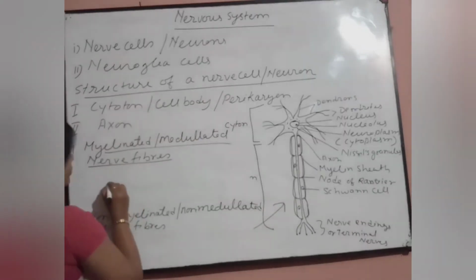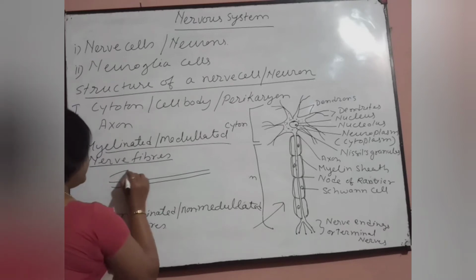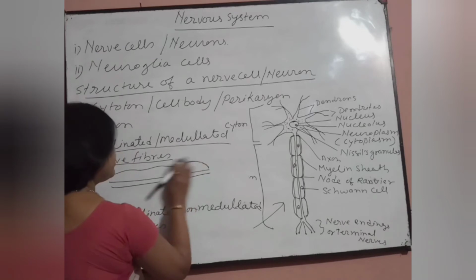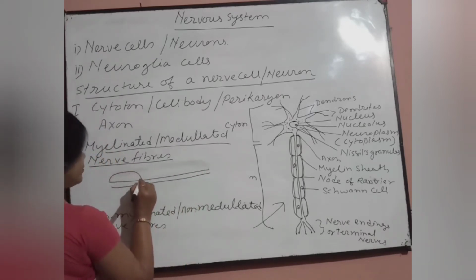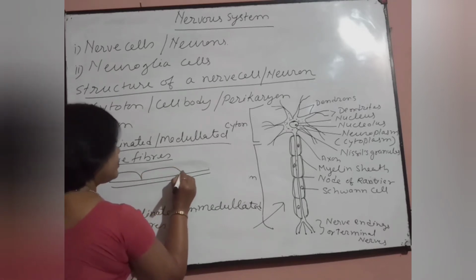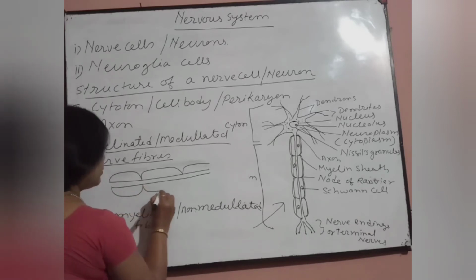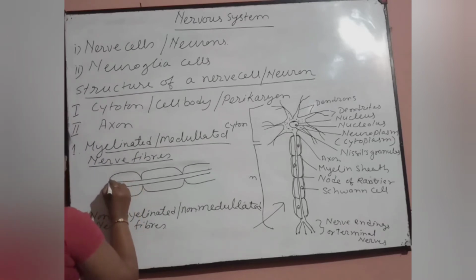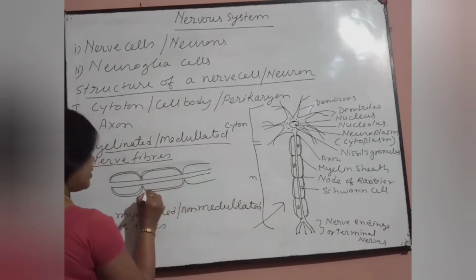Myelinated nerve fibers are covered by a myelin sheath, which is a fatty sheath and made up of Schwann cells.